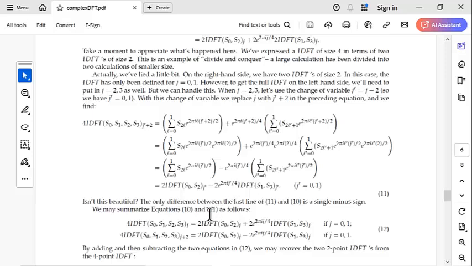So we summarize that when j is in 0 and 1, we can get the inverse discrete Fourier transform of this 4-component signal as the sum of two 2-component discrete Fourier transforms. And same here, you have the same two 2-component Fourier transforms, but instead of a plus, you have a minus.